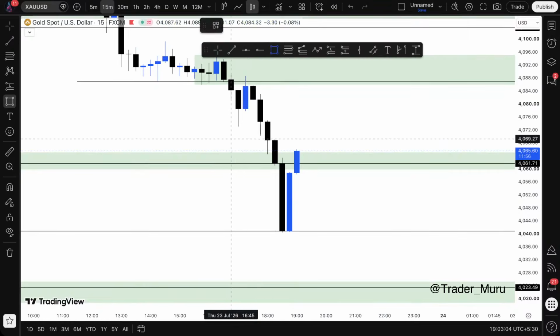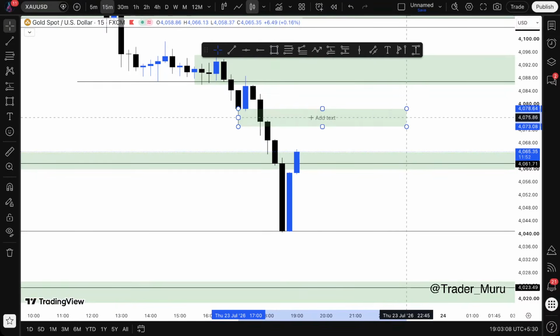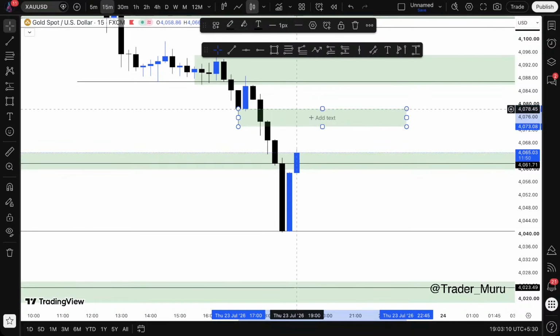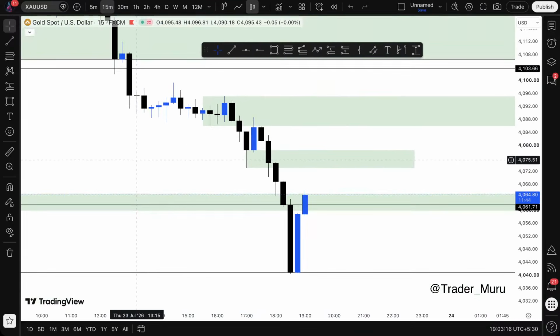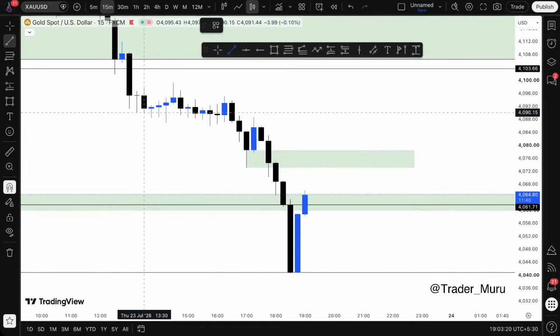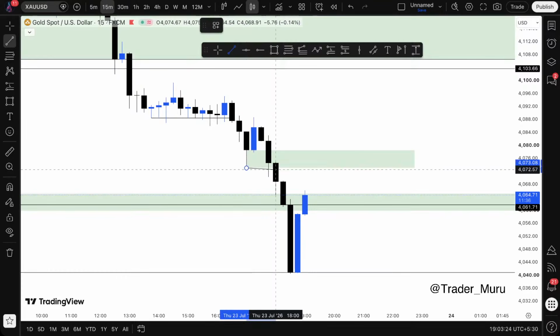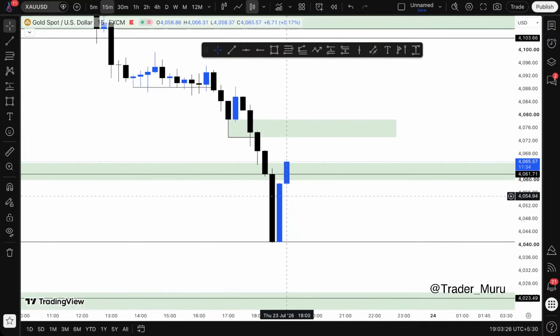According to structure, this is your short zone. Testing here is a short. This is downtrend. Breakout structure, new breakout structure. This is retracement.